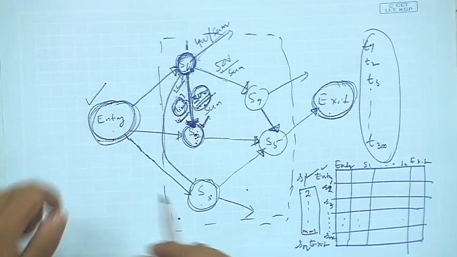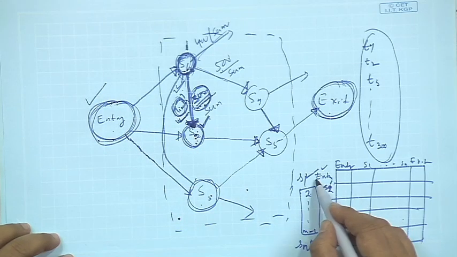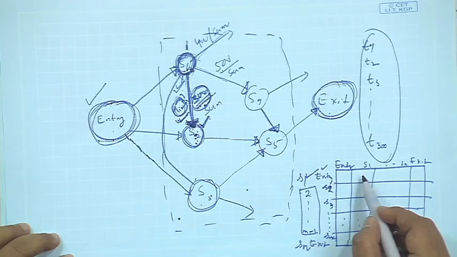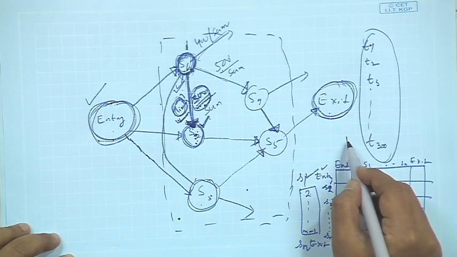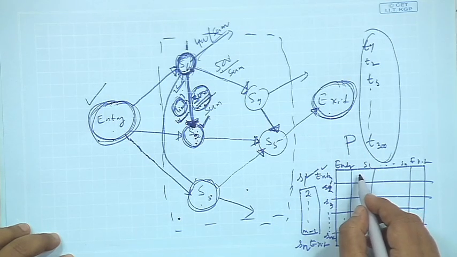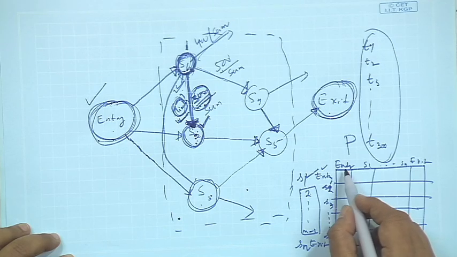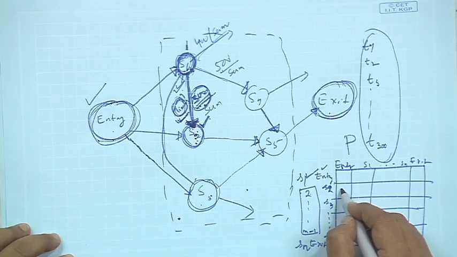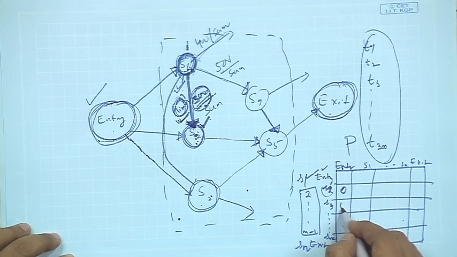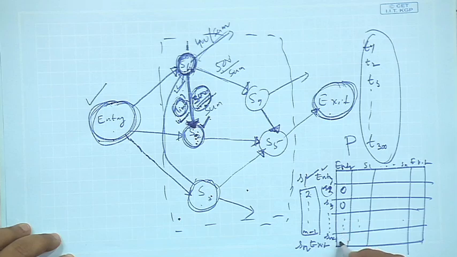So, from any other state, this is your matrix P, going to the entry state from any other state is 0, going from S2 to entry is 0, this is 0 and so on.